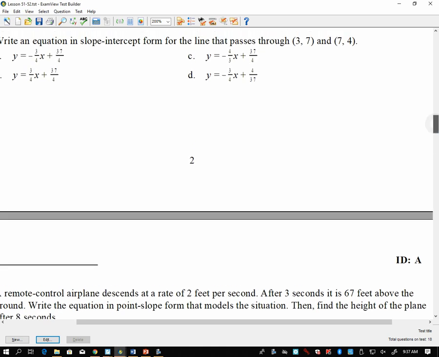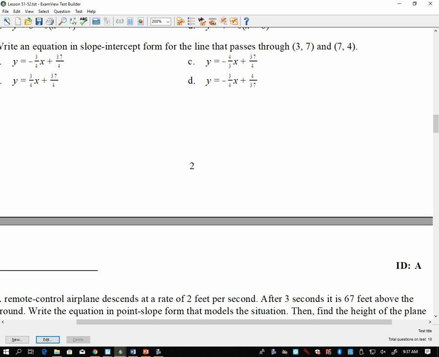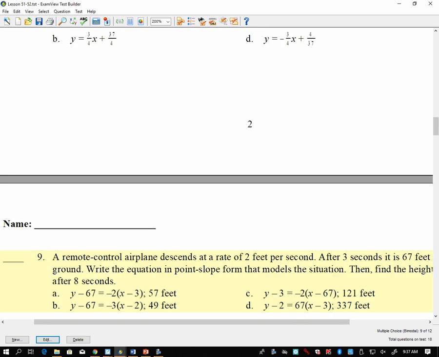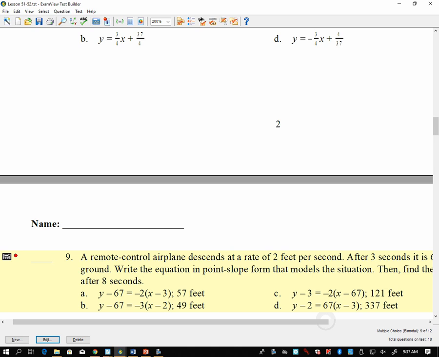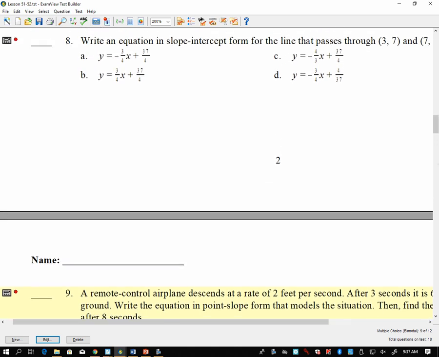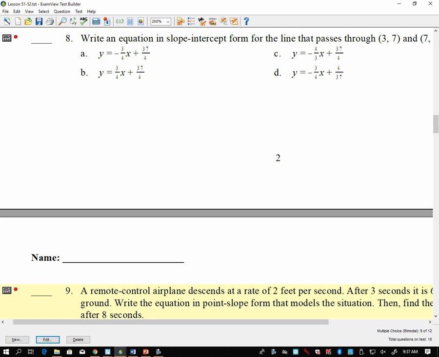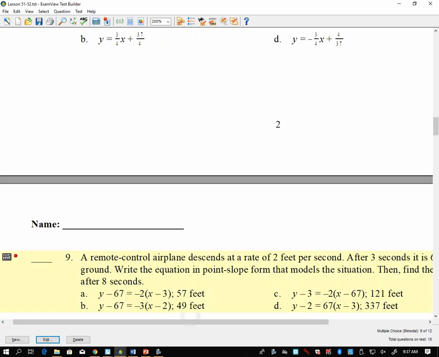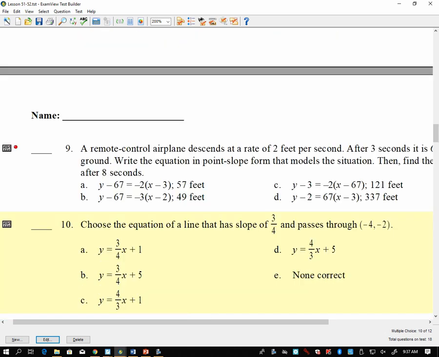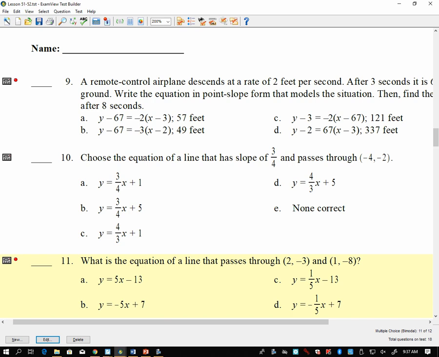Perfect. Now, I don't know if everybody heard that or not. This is backwards to what I want to do. I'm just going to come over here and do it.